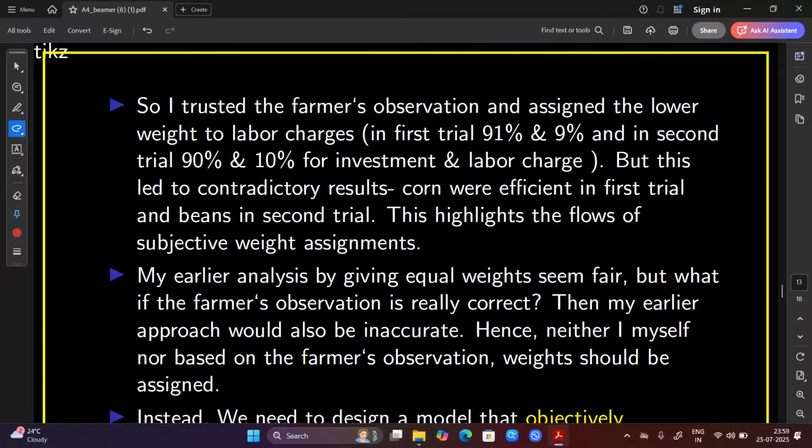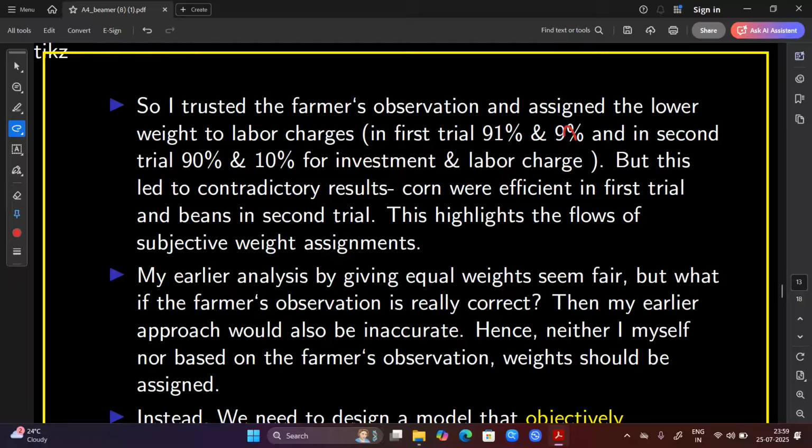In the first trial 91%, and in the second trial 90% and 10% for the investment and labor charge. Sorry, that was a mistake earlier. But this led to contradictory results. Corn in the first trial and beans in the second trial.